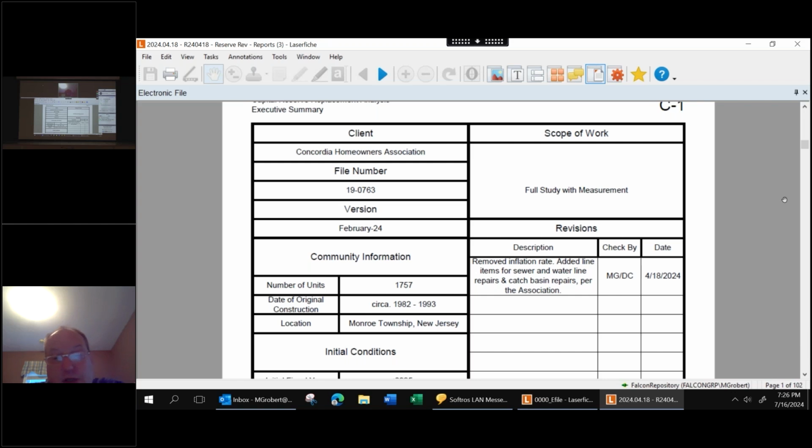With that said, you may also have another question regarding inflation. Every time your reserve is updated, we update all of the costs to reflect current rates of inflation since the last study was done. In this case, it was done in 2021.